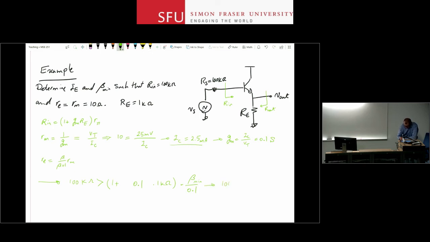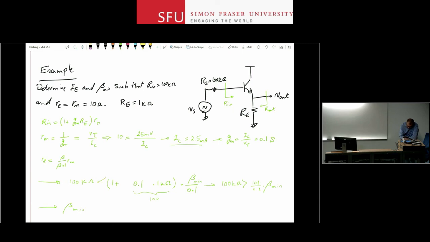So 100 kilo ohms should be larger than this, is going to give me a factor of 100, so 101 divided by 0.1 times beta min, and therefore you can see that beta min is going to be, sorry, this has to be this way.